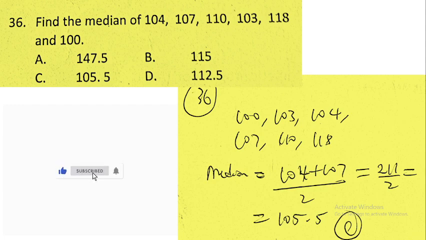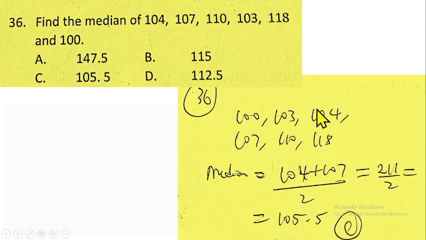And how do we find the median of ungrouped data? It is by rearranging the set of data given to us either in ascending or descending order. So you rearrange these numbers in ascending order: 100, 103, 104, 107, 110, 118. Then you pick the middle number.